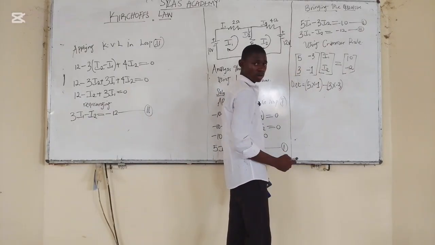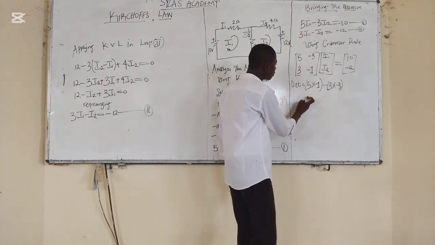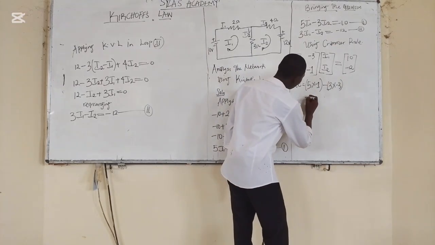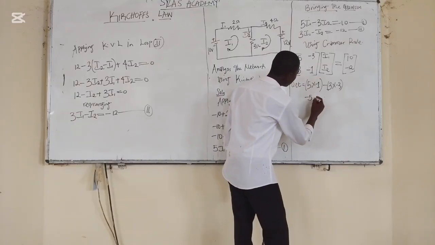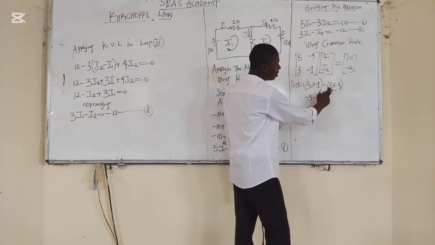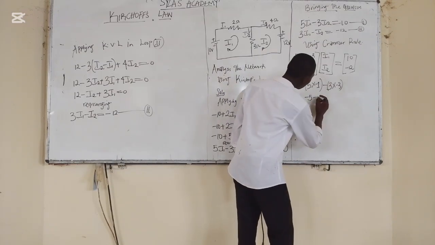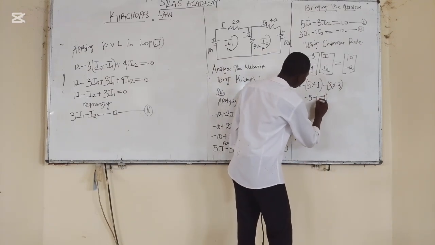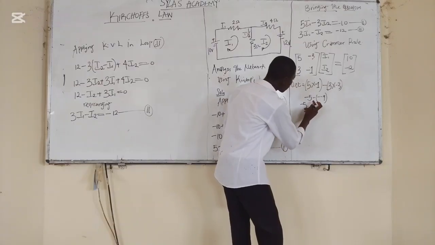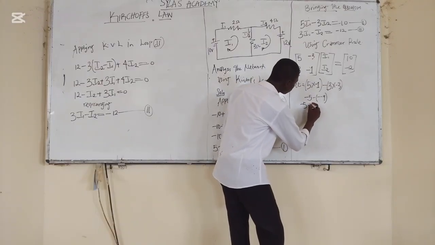I will say 5 times minus 1 will give you minus 5. Bring your minus sign now. Minus 3 times 3 will give you minus 9. Then minus times minus gives you plus 9.